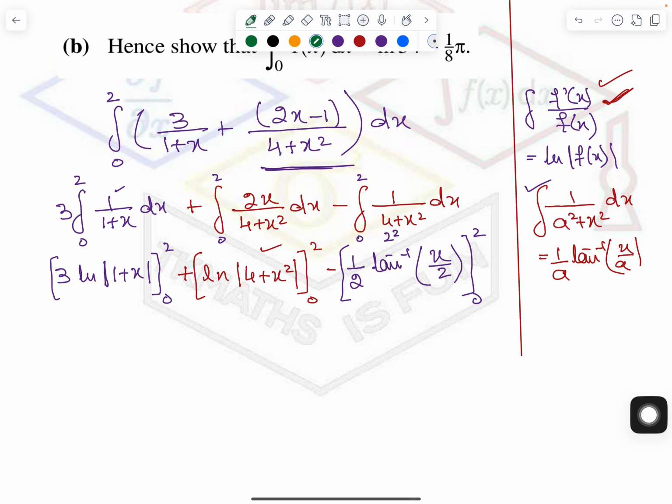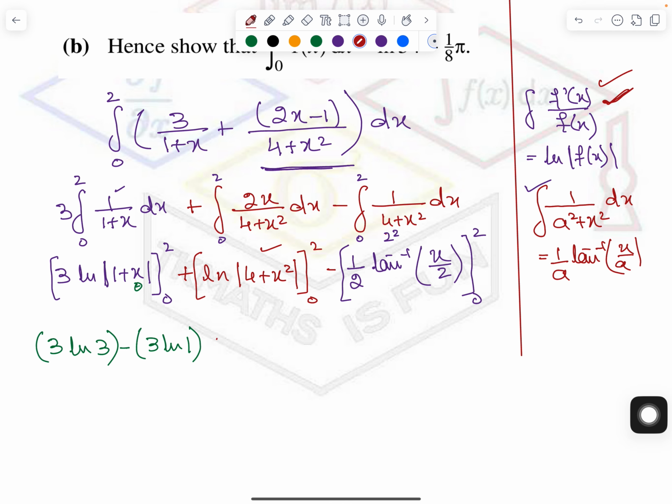So it will become upper limit is 3 ln 2 plus 1 is 3 minus, this is upper limit. I'm using different colors so that you do not get confused. 3 ln 1, because now I will put x 0, right? So this one is done.